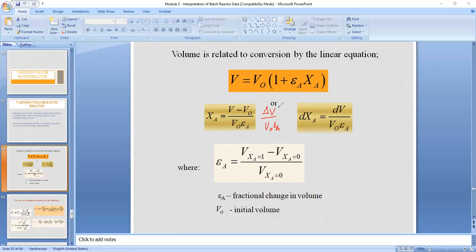Or there's a 50% increase in the volume, so you will have 0.5 V sub O over V sub O. So the only thing that you need to determine is the fractional change in the volume, which is actually based on the stoichiometric equation. So you need not worry about epsilon A, because you can determine it from the given stoichiometric equation. You use this formula when you're given the change in the volume. If not, then you use the other one that was discussed in the next slide.